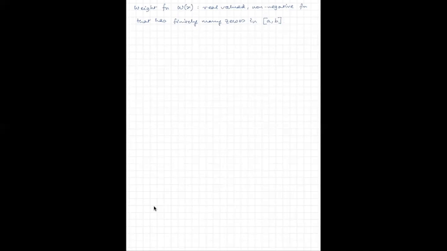And now an eigenfunction of lambda: an eigenfunction of this particular operator, L of y(x), where y(x) is the eigenfunction, is going to be given as lambda w(x) y(x), where this w(x) is now the weight function. Okay.